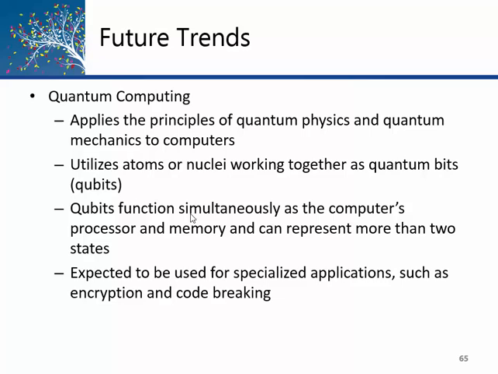Taking that uncertainty, instead of having just a 1 or a 0, using the uncertainty of quantum bits, the value is both a 1 and a 0 at the same time, and only upon later reflection does it fall into one of those two states. That allows for some interesting computational activities, especially in things like code breaking.